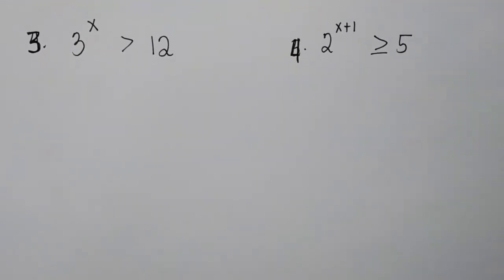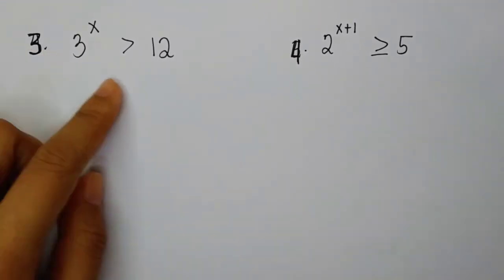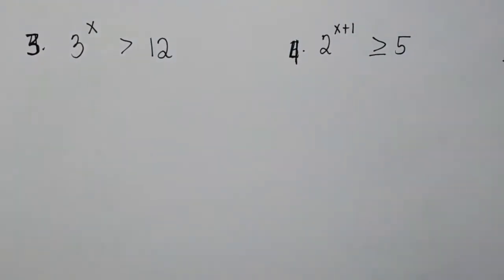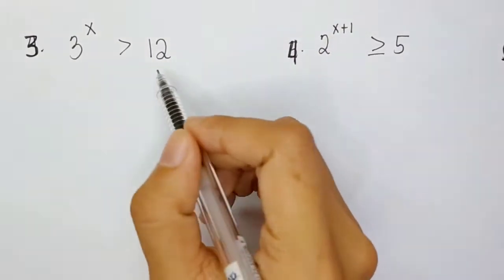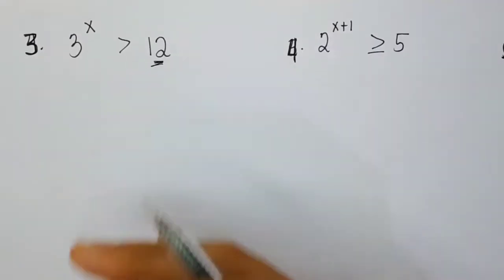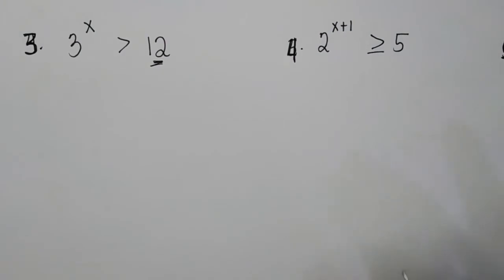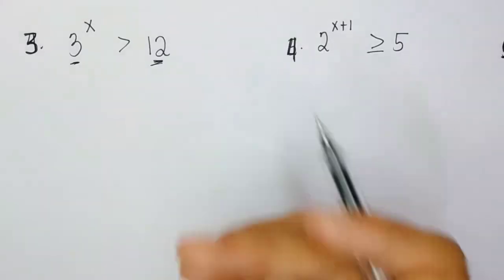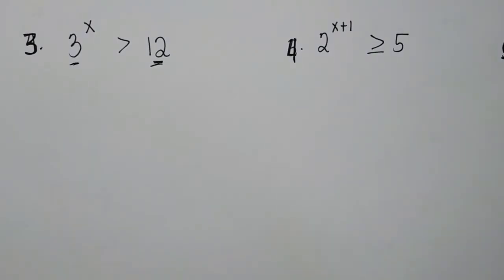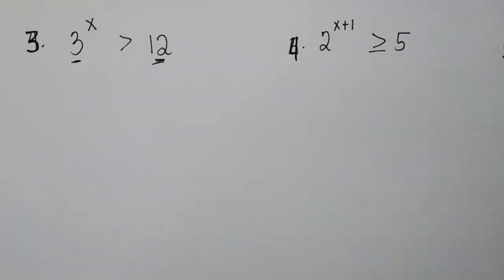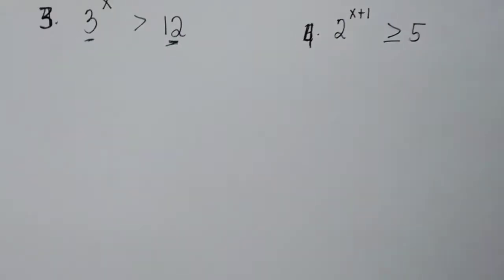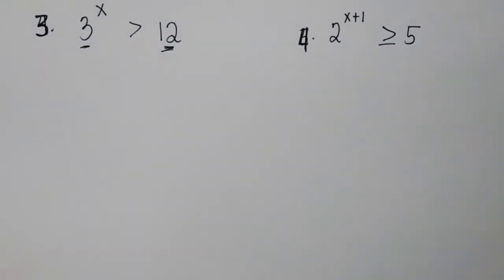We have here 3 to the power of x is greater than 12. So, diba, itong 12, wala tayong magiging value niya na yung base niya is equal to 3. So, that is impossible. That's why, kailangan nating i-follow yung condition natin kanina.